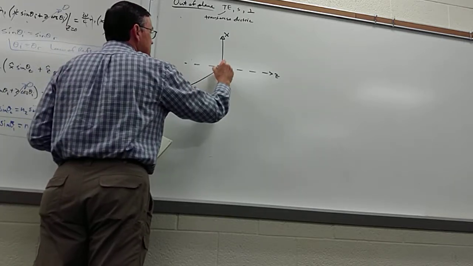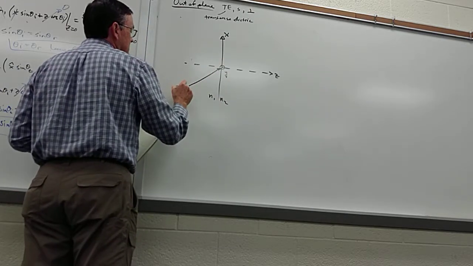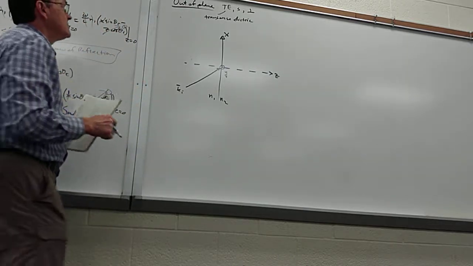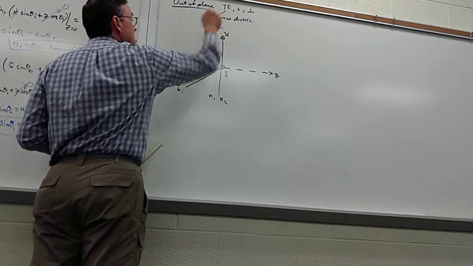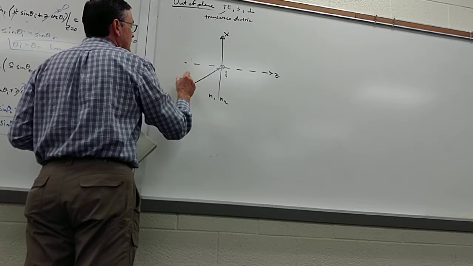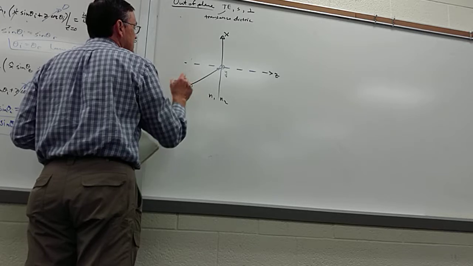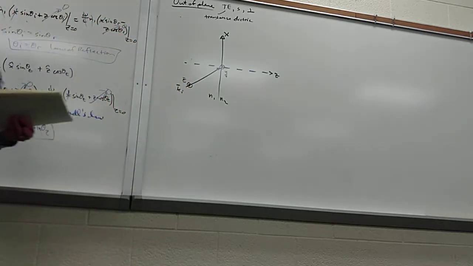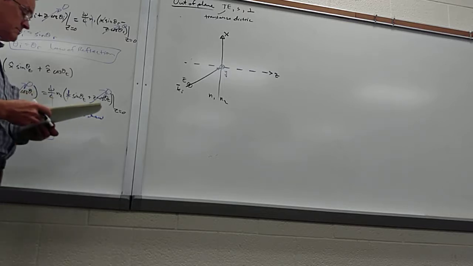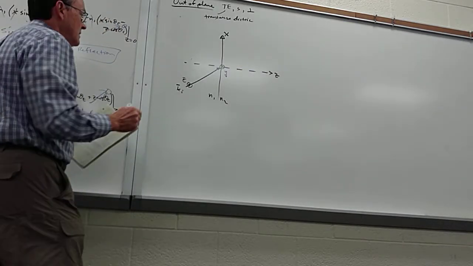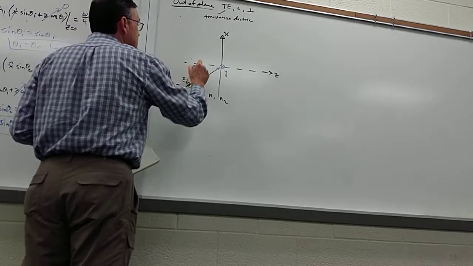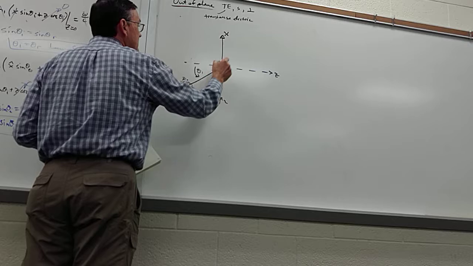What we're saying is that this incident wave vector, k_i, the electric field associated with it is transverse to the plane of incidence, meaning that that electric field is out of the plane of the board. So that then would be E_i. And so this is incident at an angle theta 1.